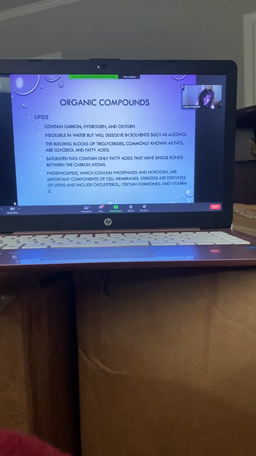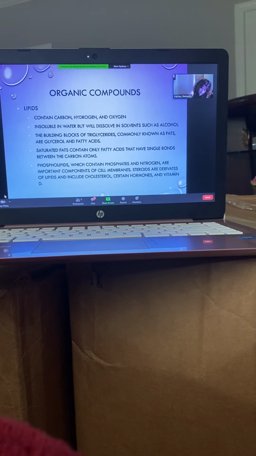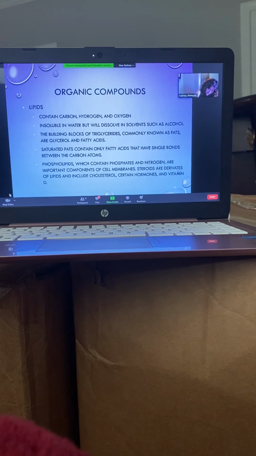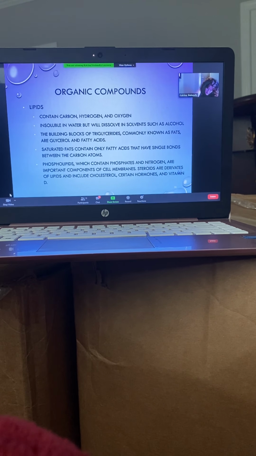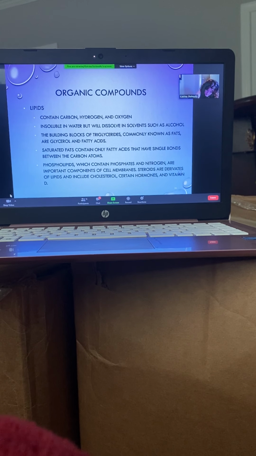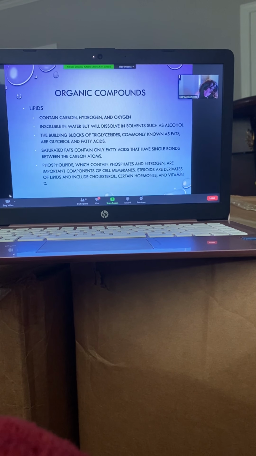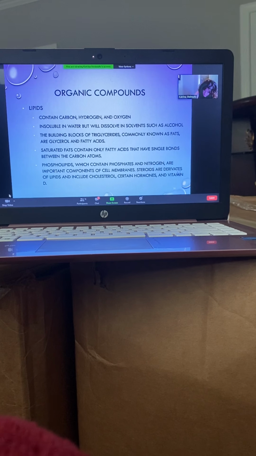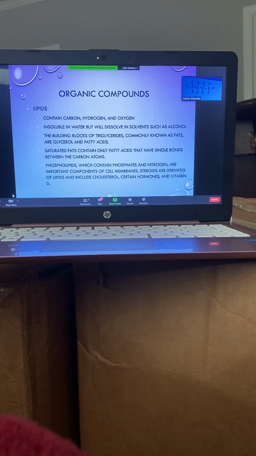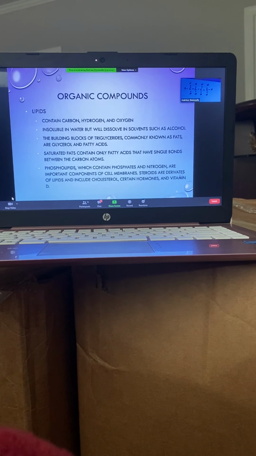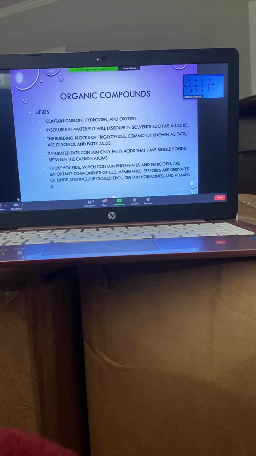So these are kind of saturated with hydrogen atoms, like this, saturated completely with hydrogen atoms all the way around it. So that's a saturated fat.